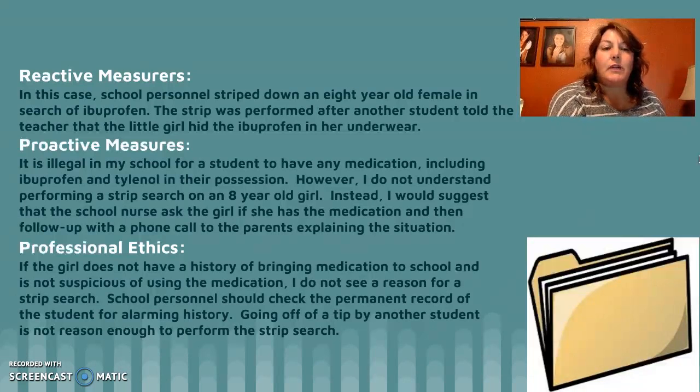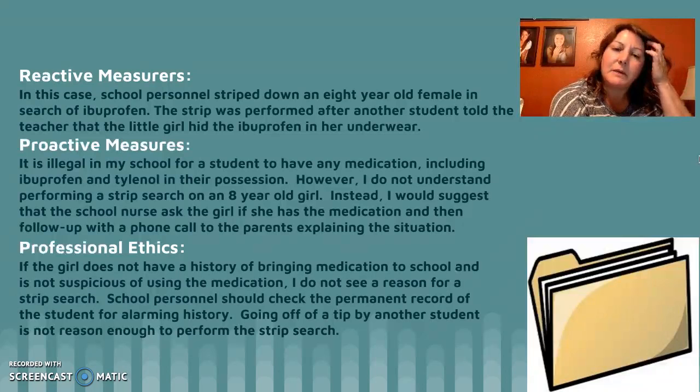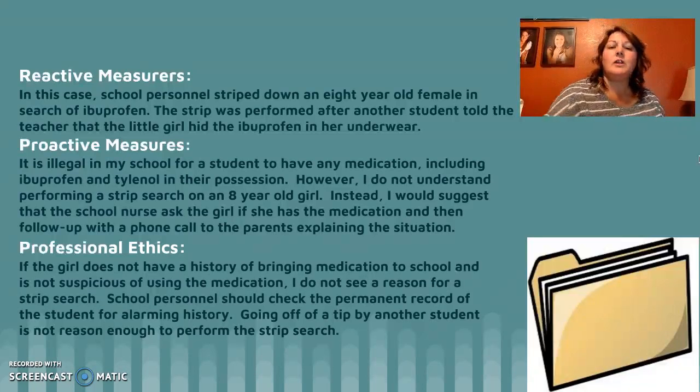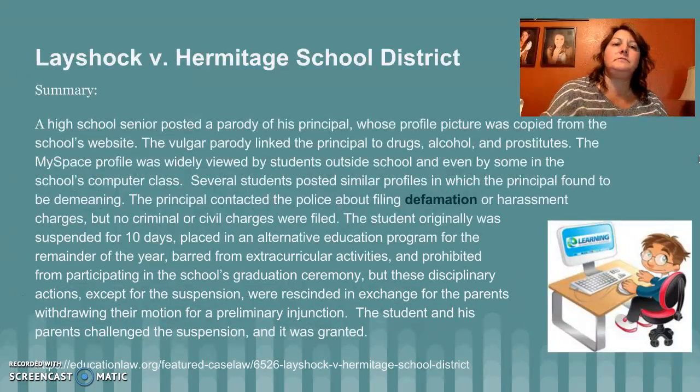Instead, check the permanent record for alarming history. Go see what's in her file. Maybe the girl is receiving individual instruction or special services, and they have huge files of history that could tell you if this really is a problem or not. But just going off the tip that another student gave you is not reason enough to perform a strip search.